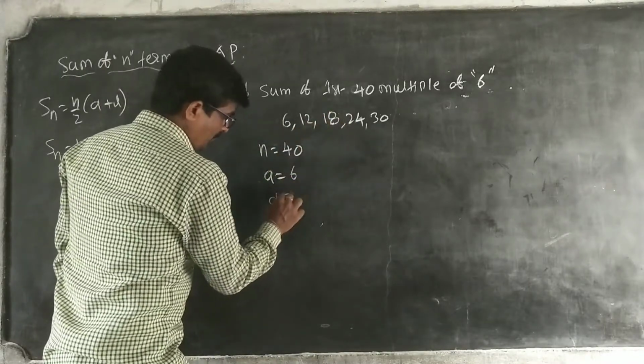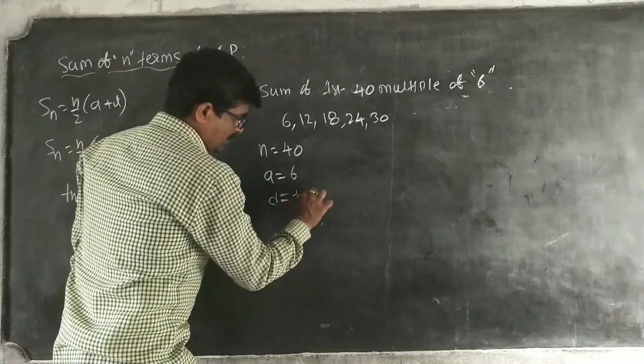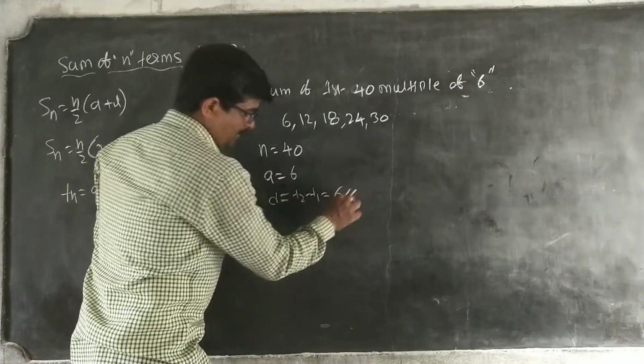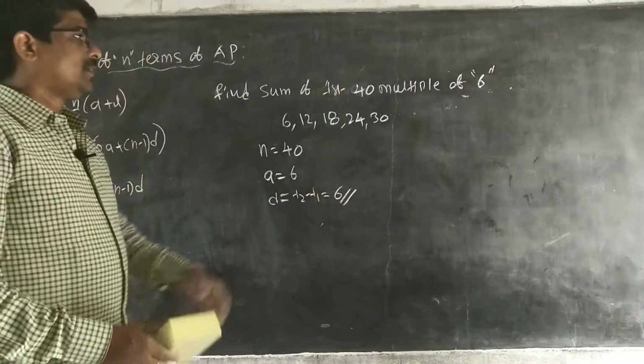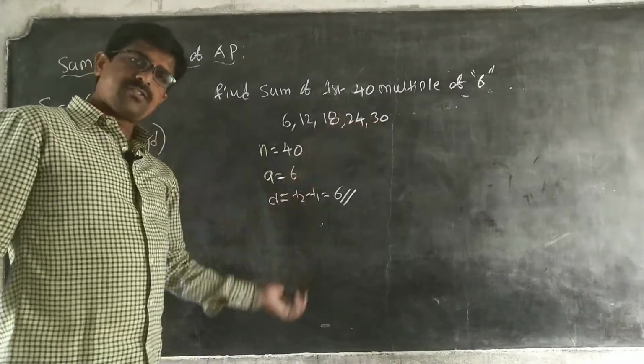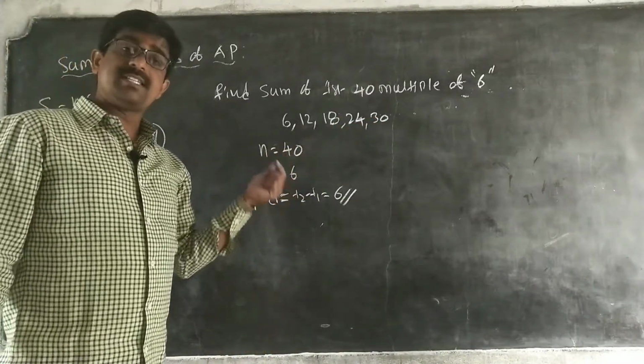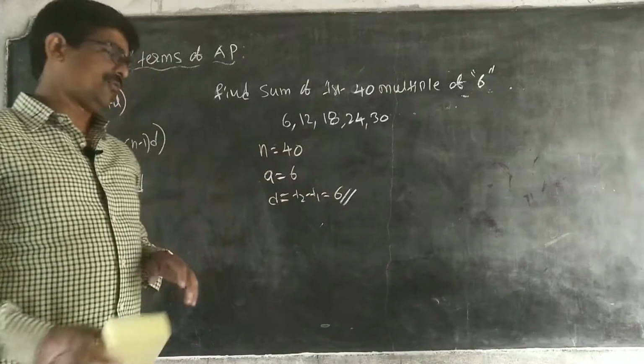So the common difference, T2 minus T1, is equal to 6 only. If the difference is equal throughout, then we can follow this.